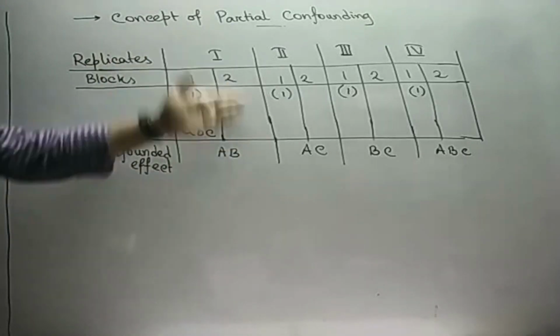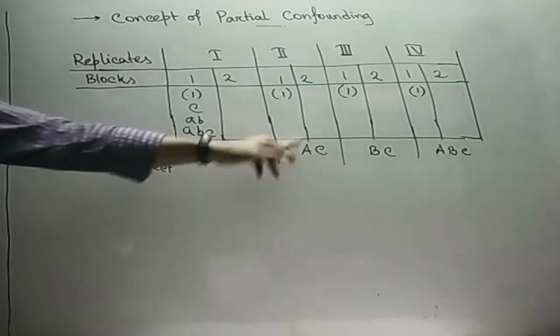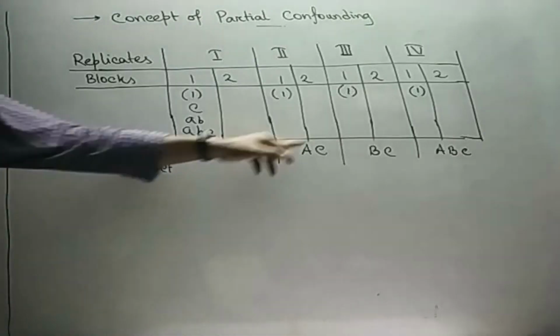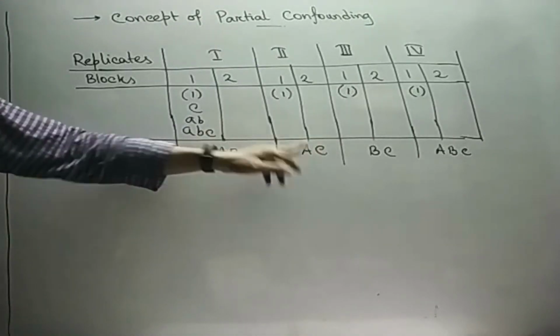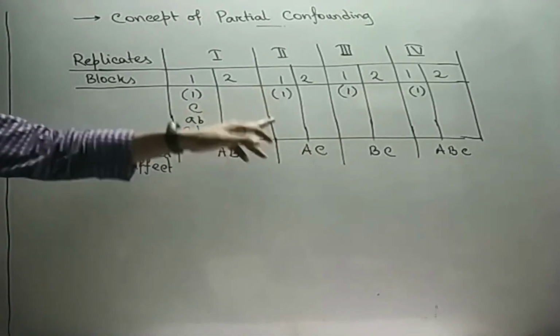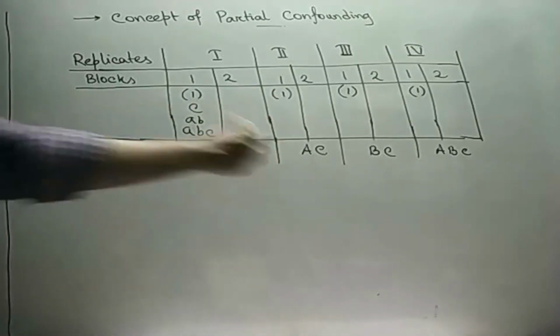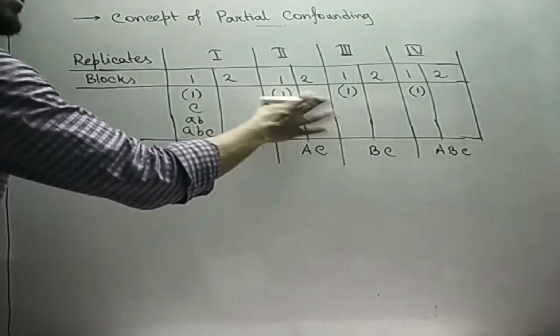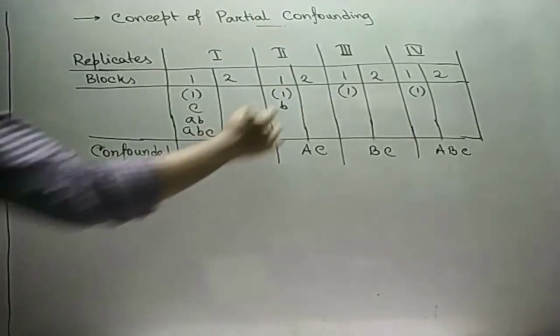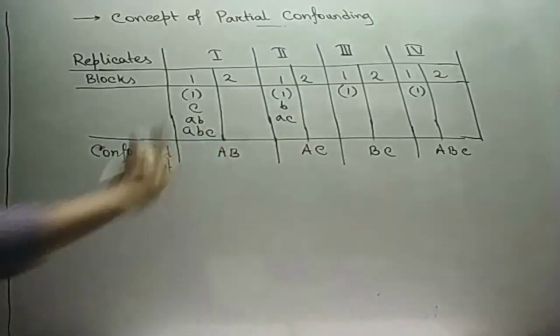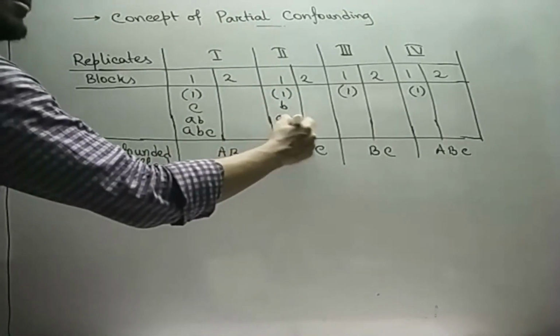I will construct the second block later. So let's go to the next replicate. We have to confound AC, so we take no common or even number of common members with AC. The no common member is B, and the even number of common members are AC itself and ABC. Next, no common member is A, and even number of common members are BC and ABC.